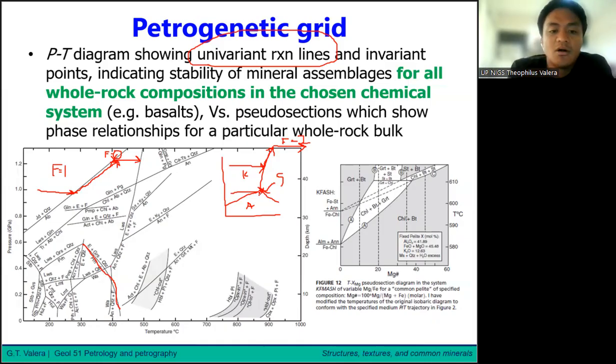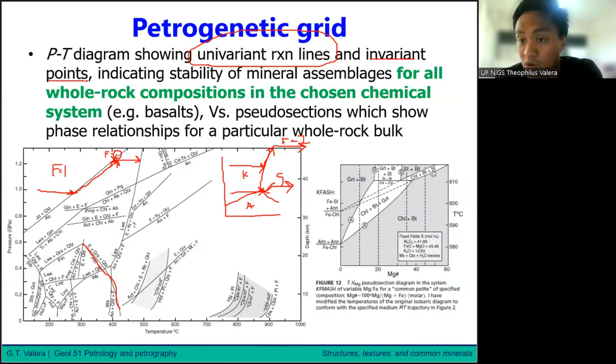So F equals 0, all of the kyanite must be transformed to either andalusite or sillimanite. Since the rock is being heated sa ating scenario, then all the kyanite must be transformed first into sillimanite bago makaka-move forward yung rock natin. Okay? That is how invariant points work.